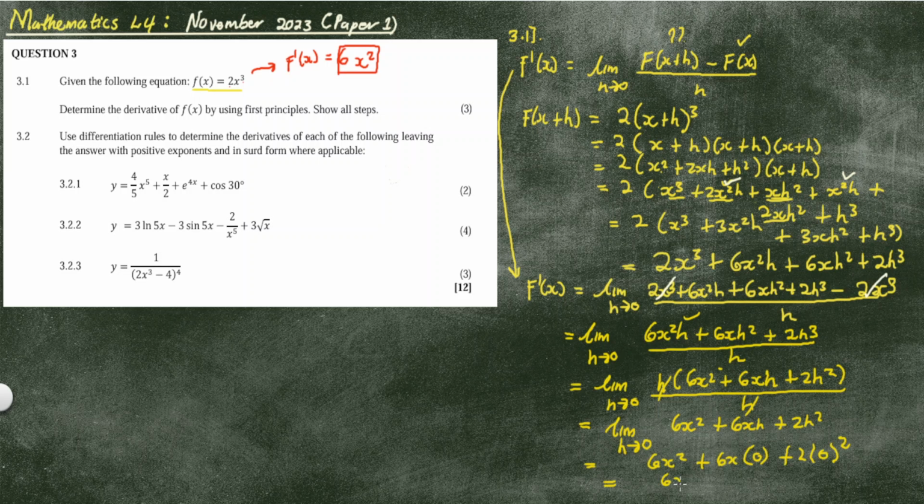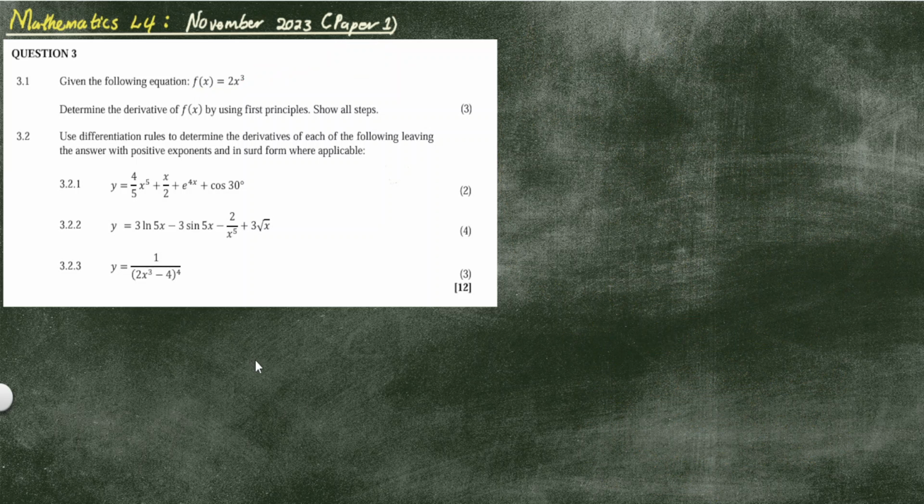The answer is 6x squared. This is my final answer. This one was 0, this one was 0. Remember when we found the derivative earlier, this is what we had. So this is our final answer again.